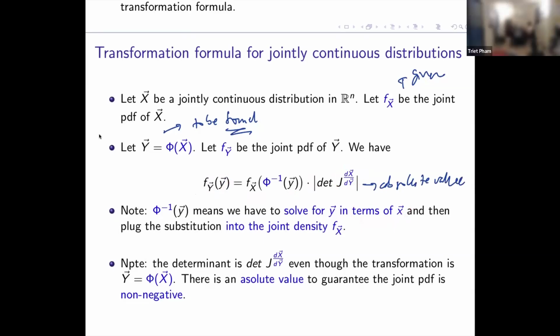And the right direction here, notice, is the X over Y, so it's the inverse direction. So you map X to Y, but the Jacobian you use here is the inverse of the Jacobian. And I guess it helps to remember that this is also the inverse map that you plug into the joint density of X.